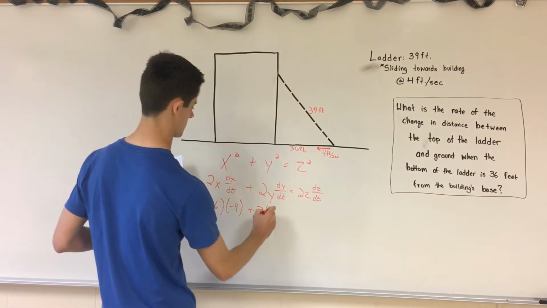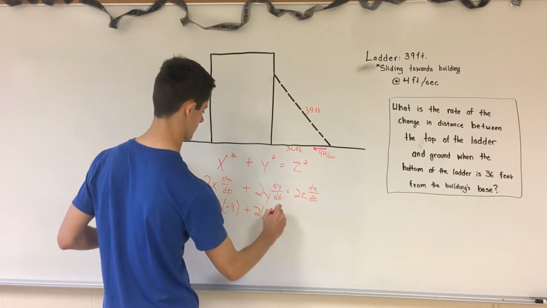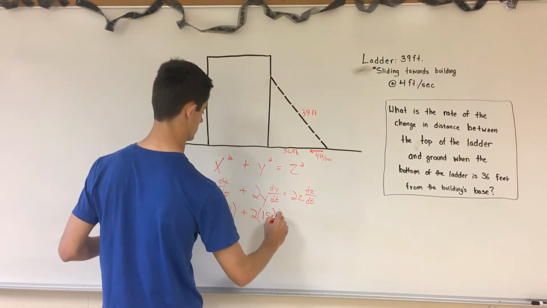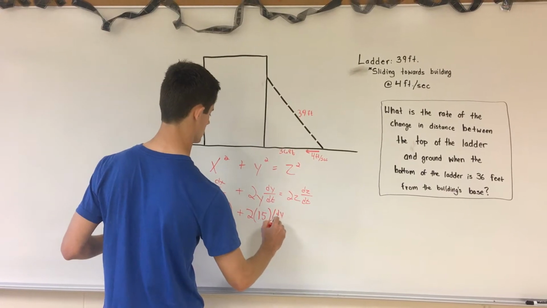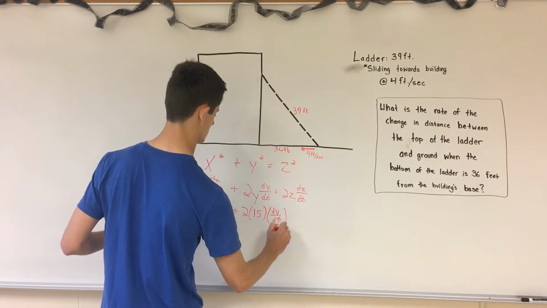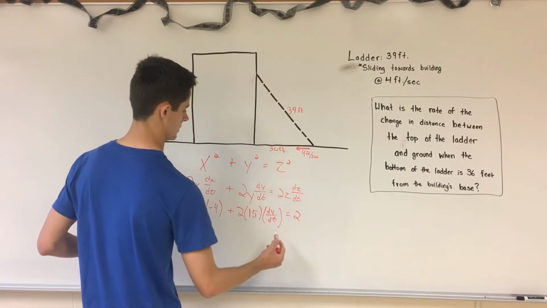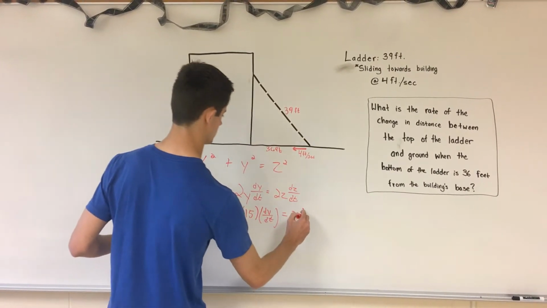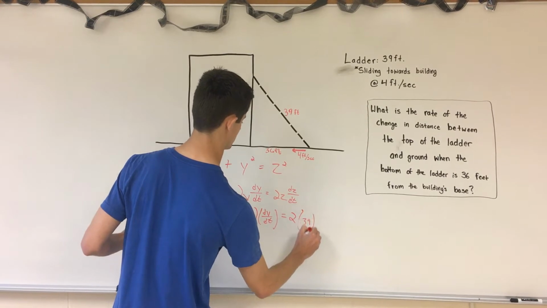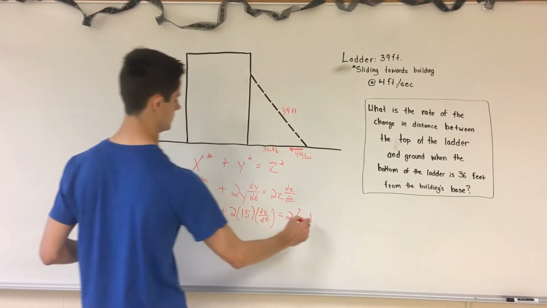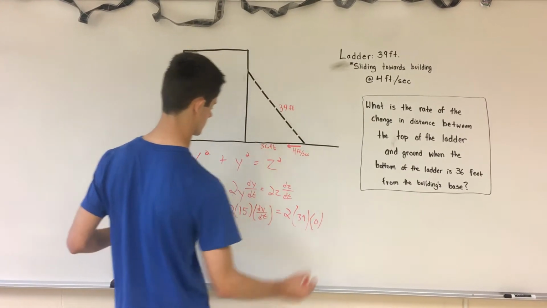So the y is going to come out to 15. And then your dy/dt is what you're solving for. It's equal to 2 times your z, which is 39 feet. And your dz/dt is 0 because the ladder is not getting shorter or longer.